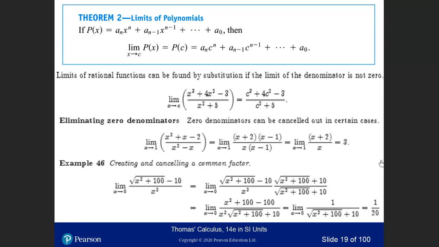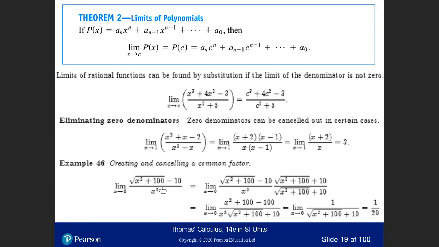In certain cases, you can cancel out the common factor by multiplying by 1. That's a typical example. The limit as x goes to 0 of the square root of x squared plus 100, minus 10, over x squared. At x equal to 0, this is 0 and this is 0 also. So 0 divided by 0 is not a real number.